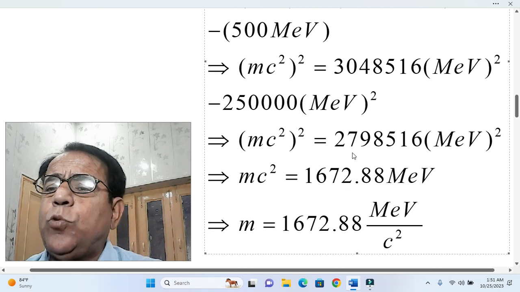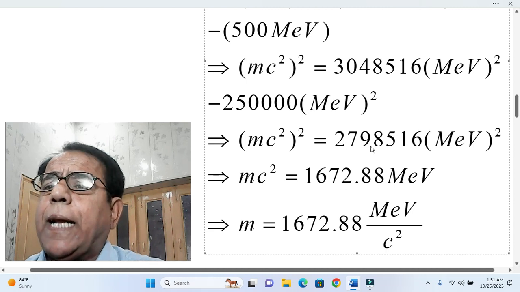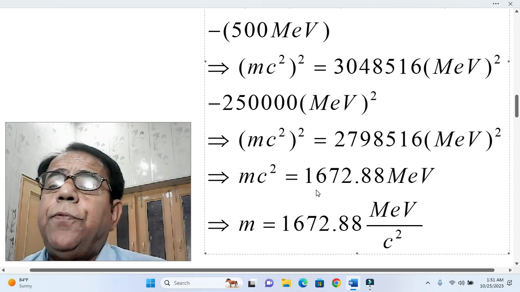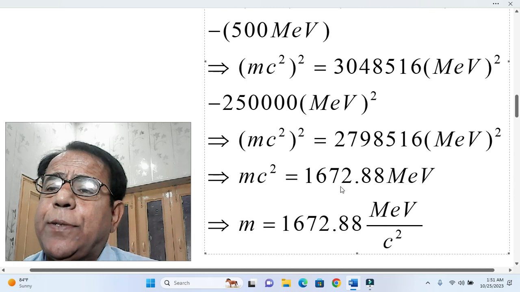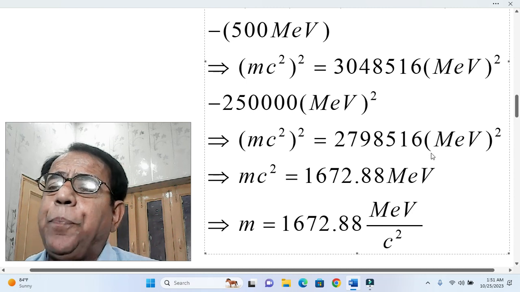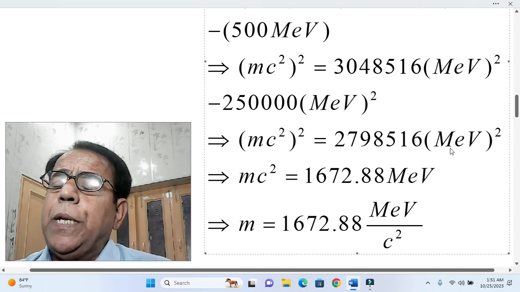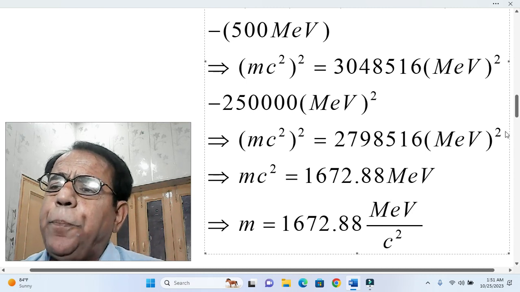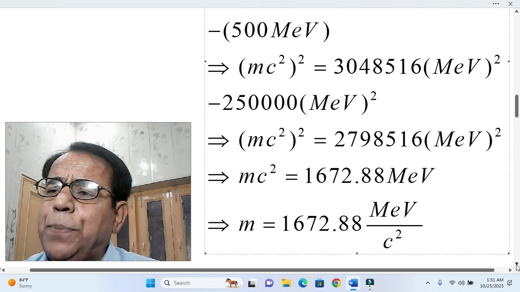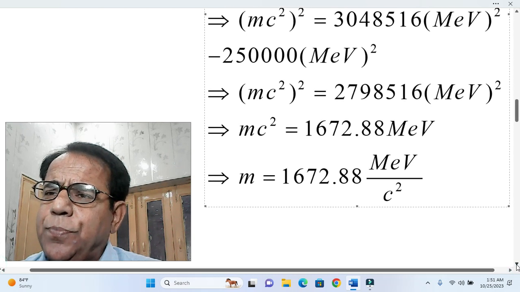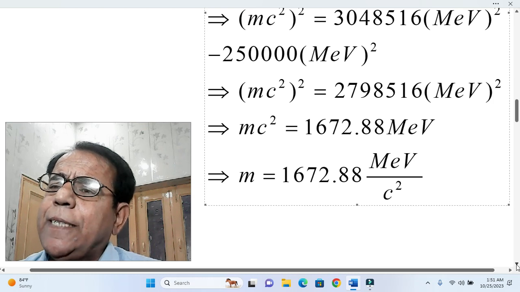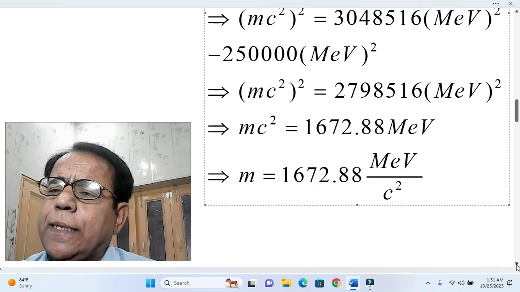That is to say, the square root of 2798516 becomes equal to 1672.81, while the square root of (million electron volt) square becomes simply million electron volt. Here the square has been eliminated, and hence simply million electron volt is the result.